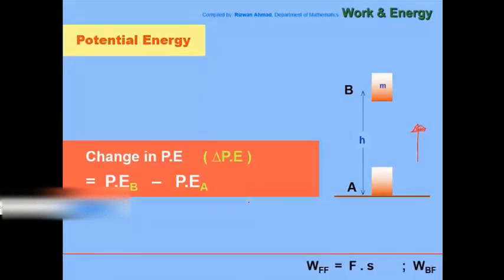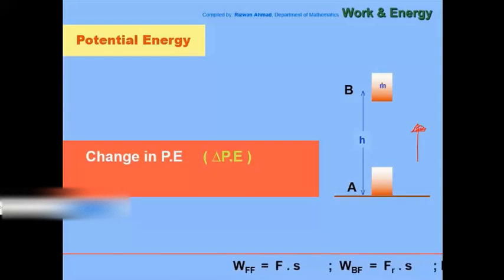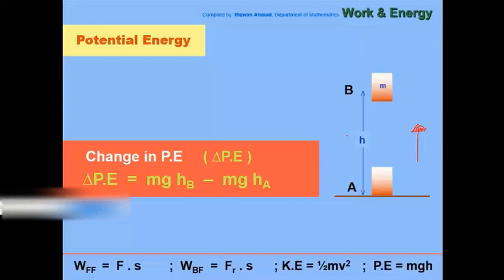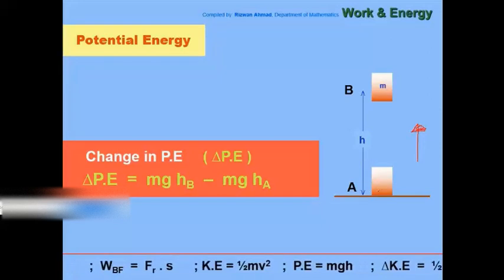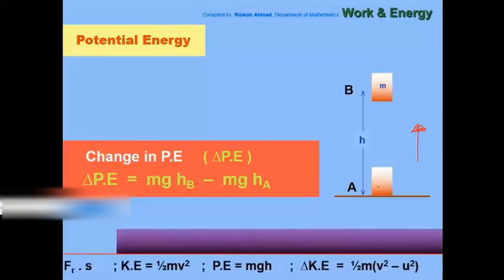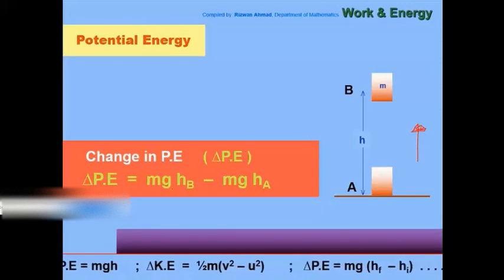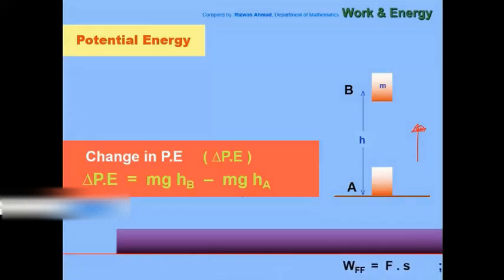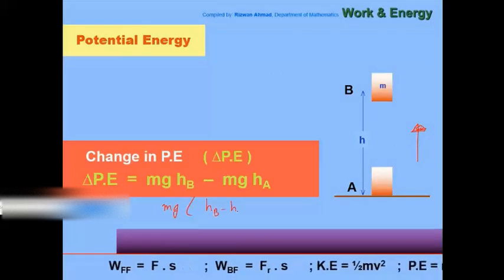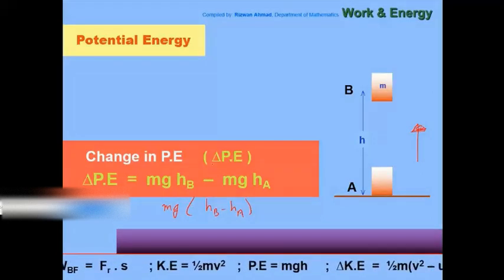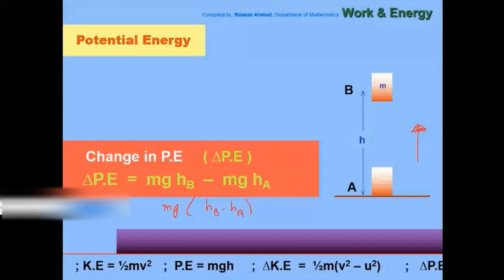The final potential energy is mgh, and the initial potential energy is mg times the height of A, which is 0. Generally it will be mgh of B minus mgh of A. Taking mg common, it is height of B minus height of A. So the change in potential energy is mg times the difference of the height.